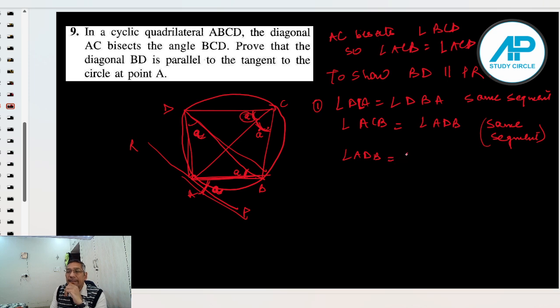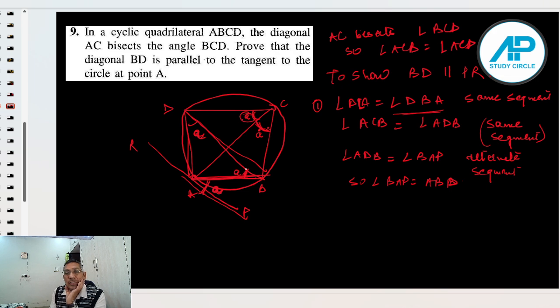Angle ADB equals angle BAP, alternate segment. So angle BAP equals angle ABD here.